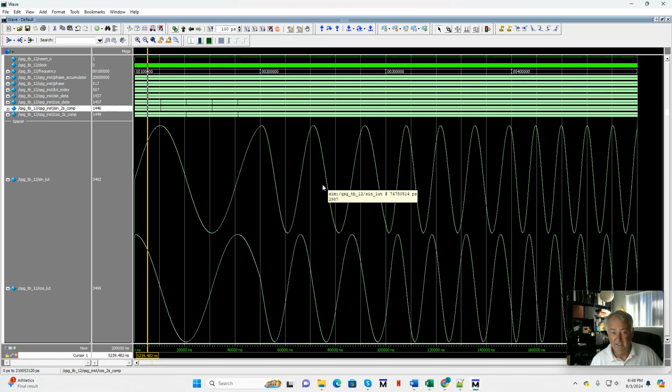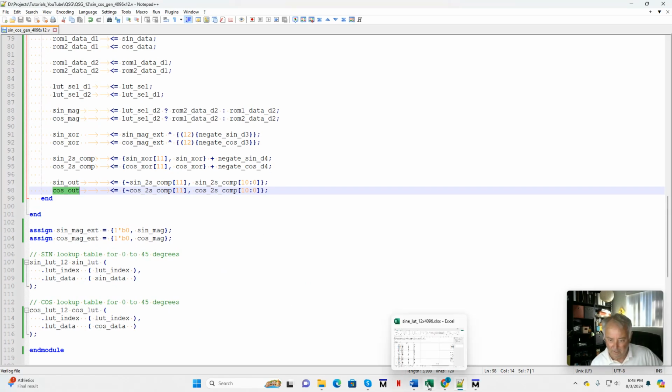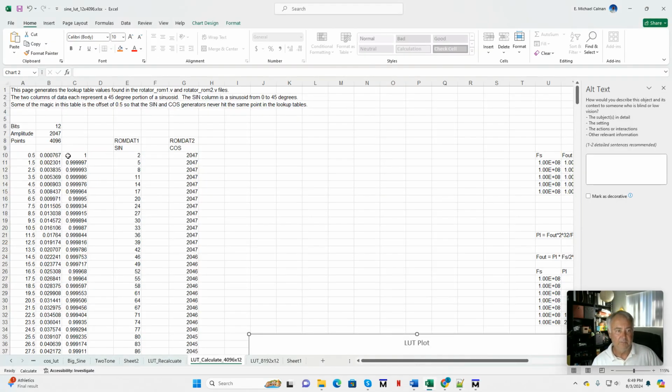Once you've mastered this logic, you can modify it to support 8-bit DACs, 10-bit DACs, 16-bit DACs by changing the width of the data in the lookup table, or you can increase or decrease the actual size, the number of data points in the lookup table, if you want to save space, or if you have more space and you need more resolution.